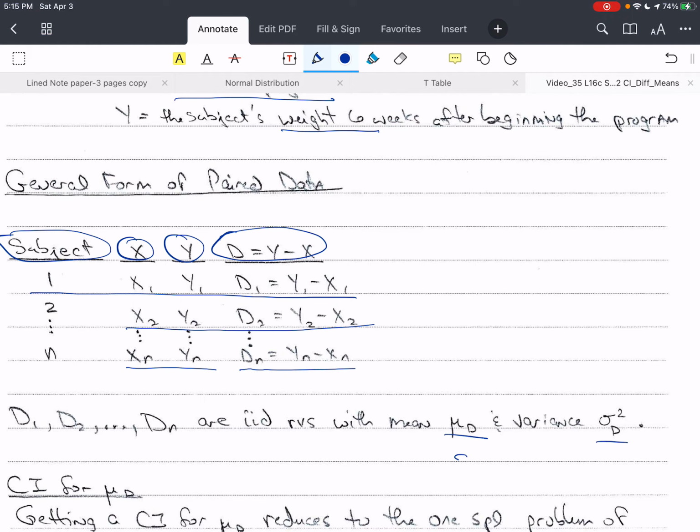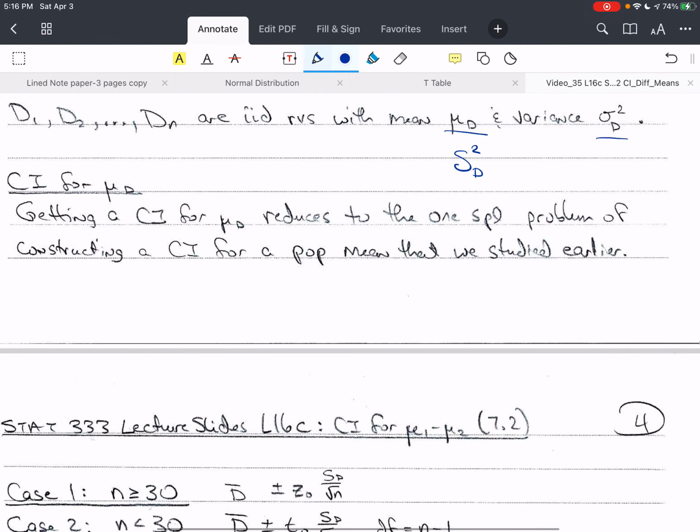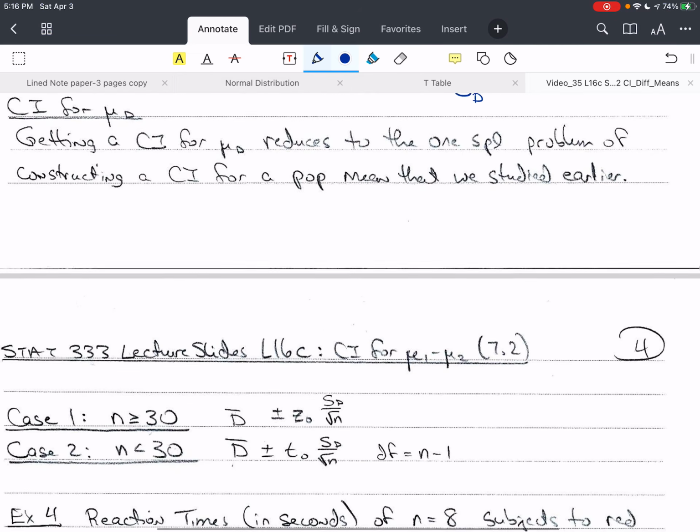And so the sample variance would be S sub d squared. And we want to find a confidence interval for mu sub d. So getting a confidence interval for mu sub d reduces this to the one sample problem of constructing a confidence interval for a population mean that we studied earlier. In this text, it was section 7.1.